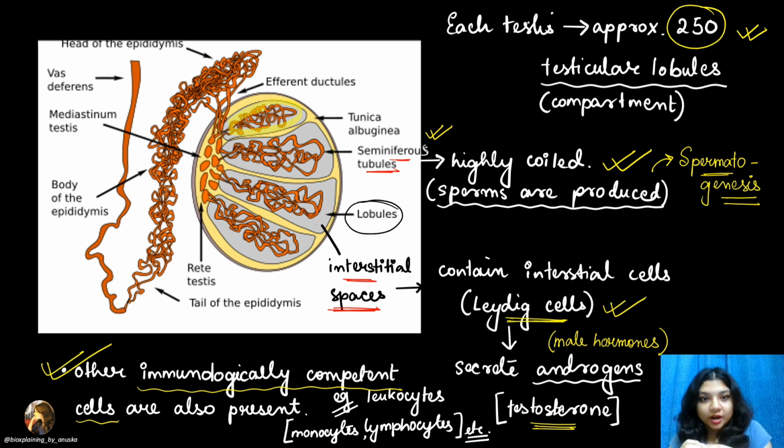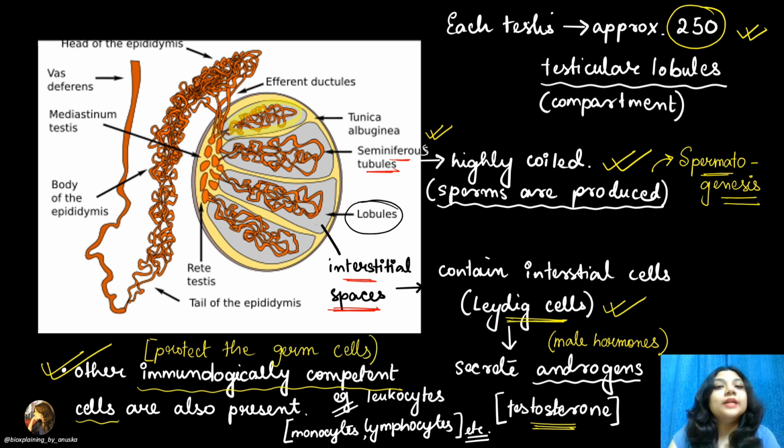These are certain cells of the immune system which will protect your germ cells. Okay, so they protect the germ cells. For example, what can be immunologically competent cells? Let's say leukocytes, monocytes, lymphocytes. These are the different immunologically competent cells that can be present.